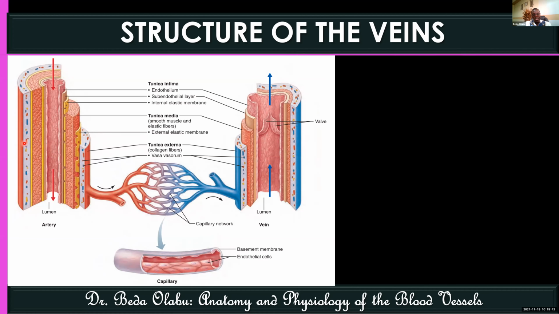Now the veins will have a structure similar to that of arteries: tunica externa or adventitia, tunica media, and tunica intima. The only difference is that for veins, the tunica media is thinner.